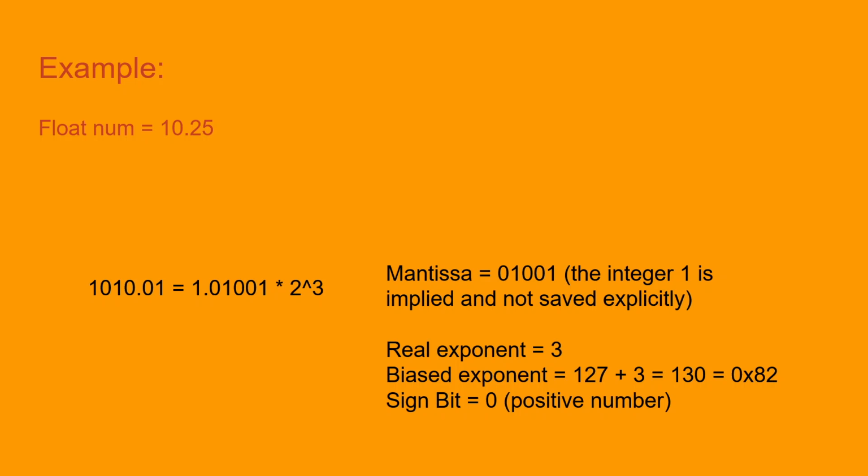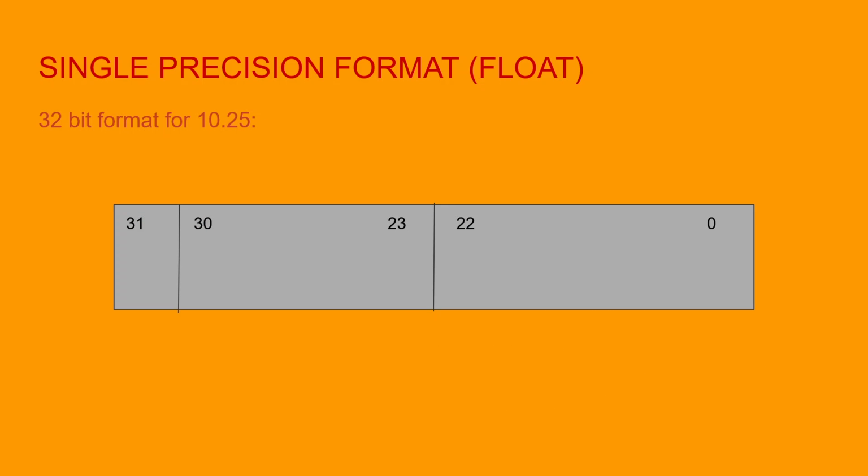The real exponent in this case is a 3. And as we mentioned before, the value that is saved for the exponent in the format is not a real exponent but a biased exponent. So in this case, we save a biased exponent of 130 after adding 127 to the real exponent. The sign bit in this case is going to be a 0 since we are dealing with a positive number.